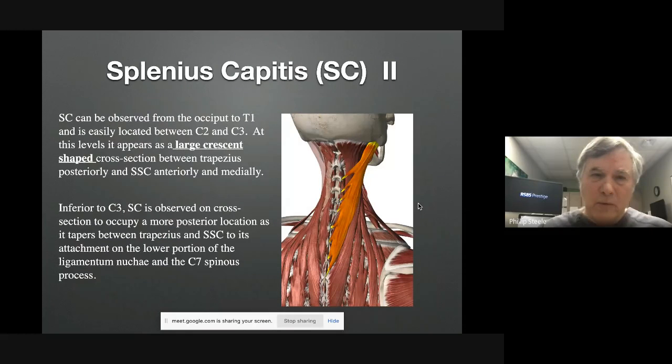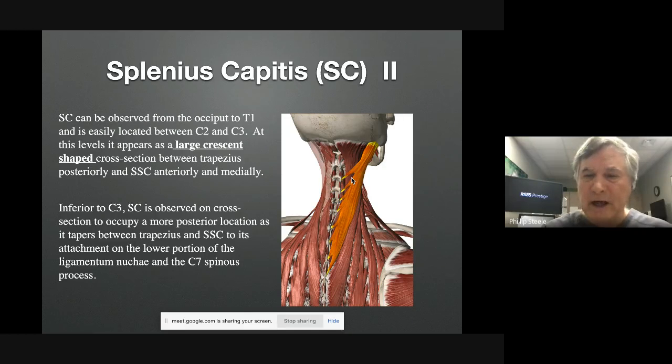So just to briefly describe the Splenius Capitis, again, it's going to gain size. It probably peaks in muscle size about C2, C3. It's described as a large crescent shape, but not always true. And then it'll thin out as you approach the mastoid.